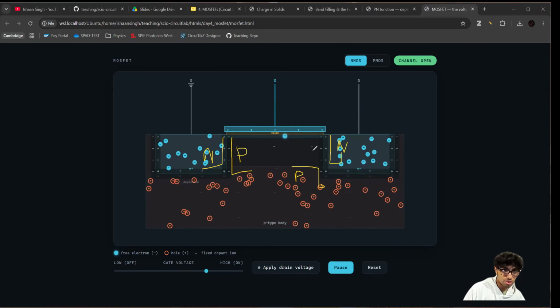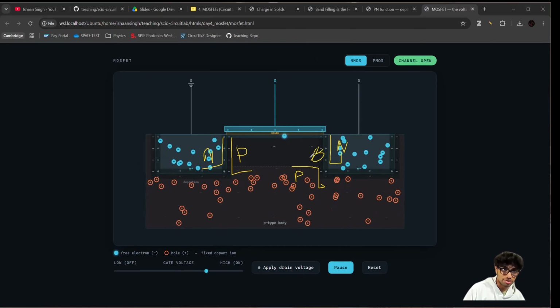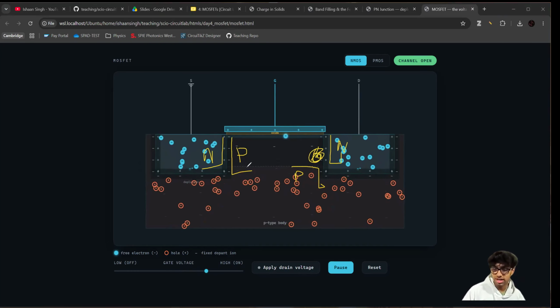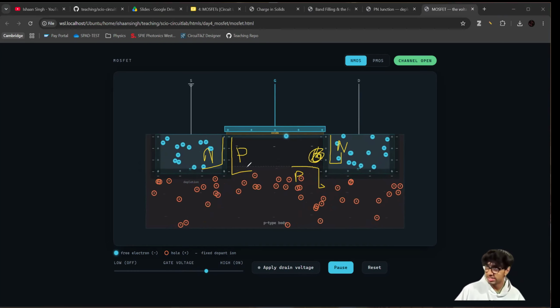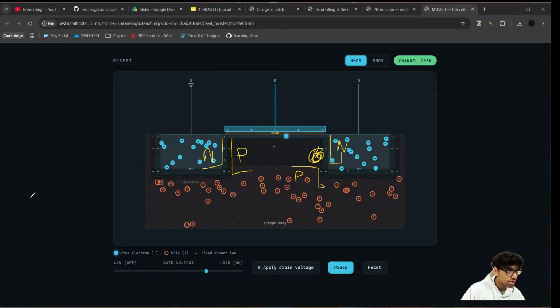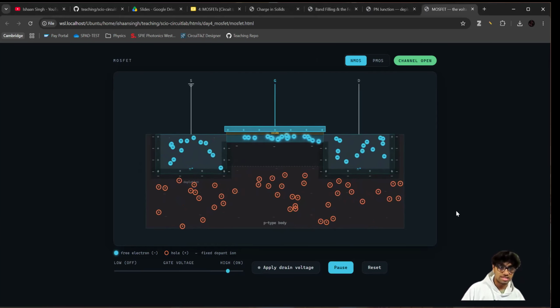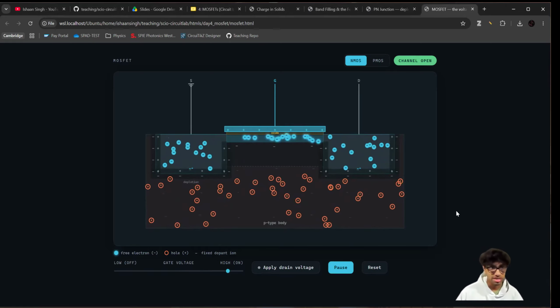And so there's no longer a p-n junction in this region right here. That p-n junction is gone, and so negative charges can now leak through. There's no depletion layer preventing charges from getting through. So as we increase the gate voltage, we allow charges to leak into that region, but there's still no current. The gate has simply opened a region for charge to exist.